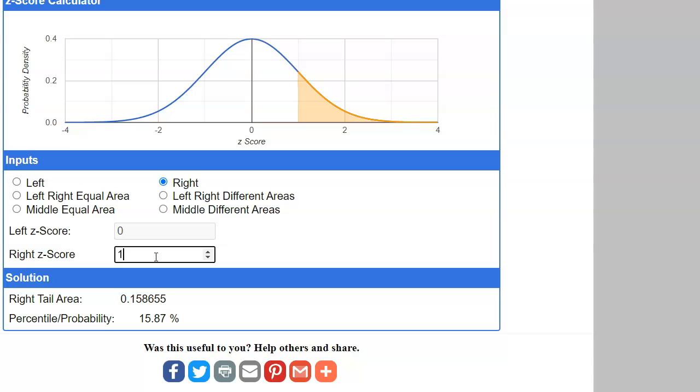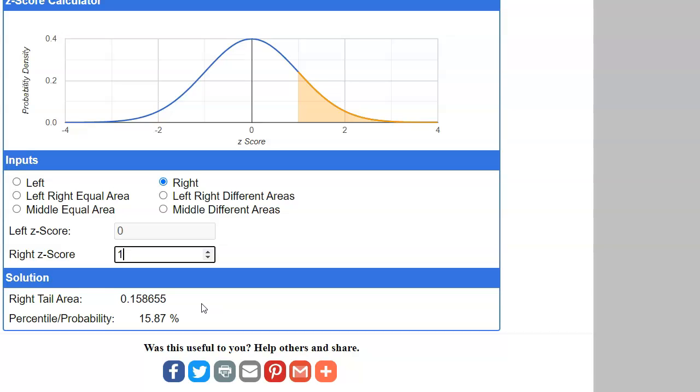Let's go ahead and make it a 1. This time it is showing me the shaded area, and it's telling me that the percentage is 15.87. We had that loose estimate earlier, and so this is giving us the exact percentile value.